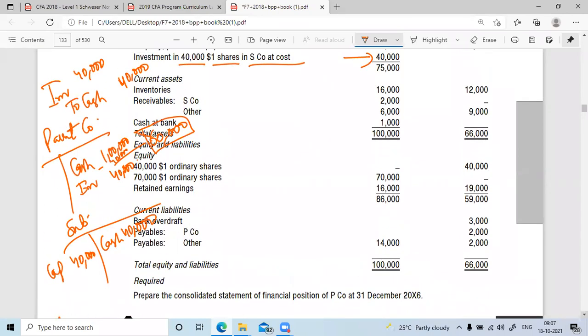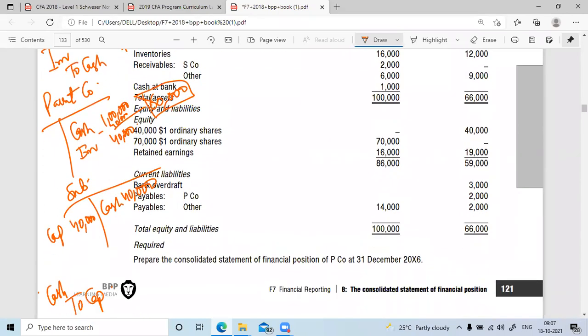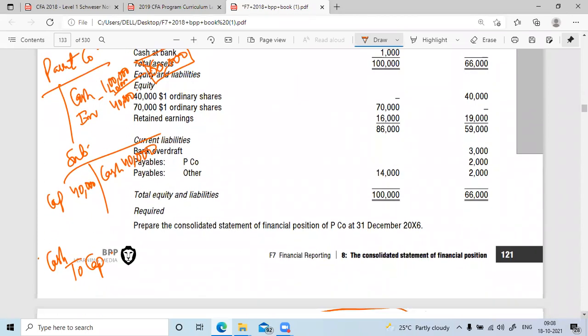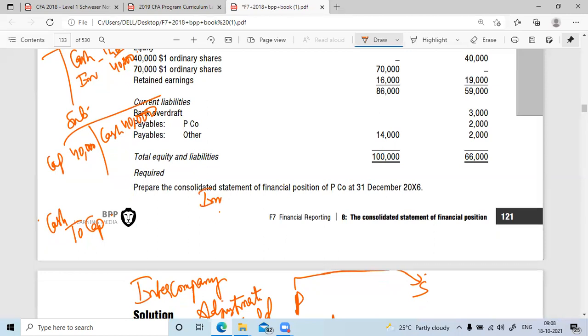Is it so? So the entries are investment to cash and cash to capital. So 40,000 investment done, cash gone out 40,000, 40,000 of cash they got, and 40,000 is capital. When you show them as one company, then how?